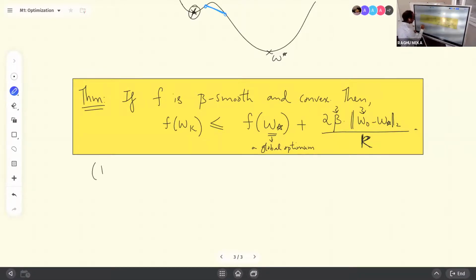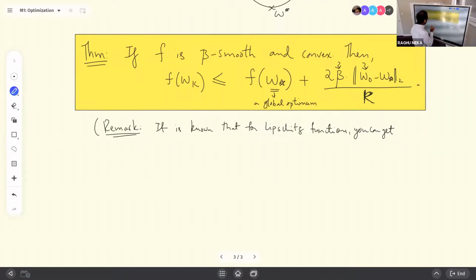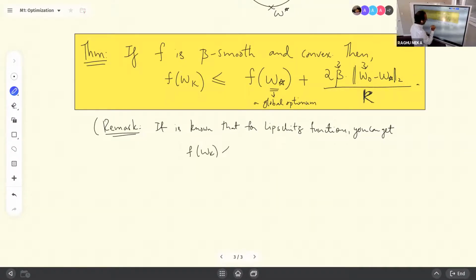Just a remark, it is known that you can get faster rates, but it's not something we are going to analyze.